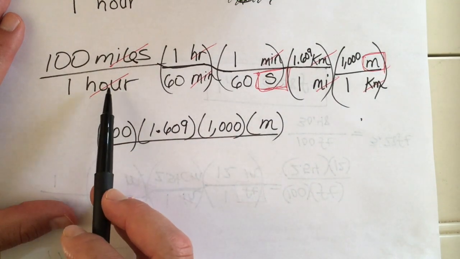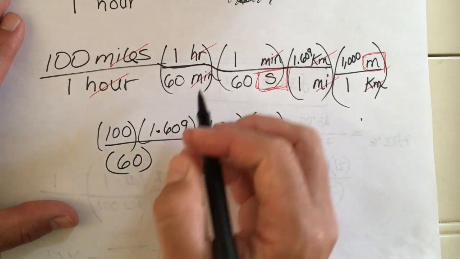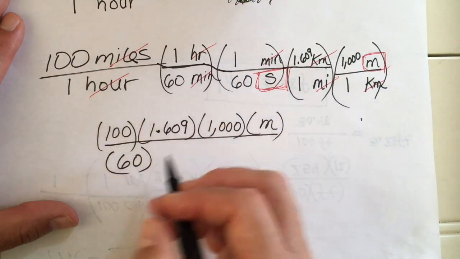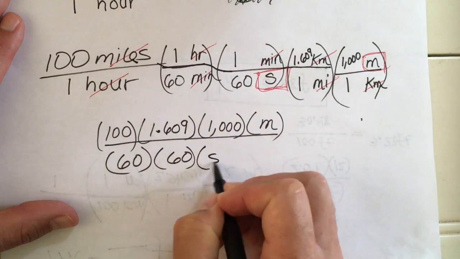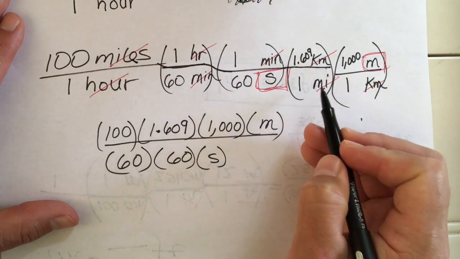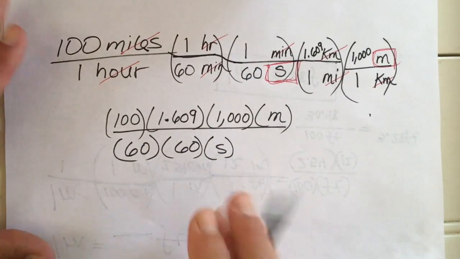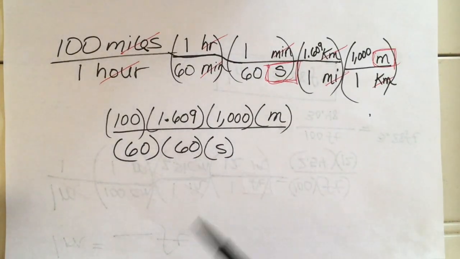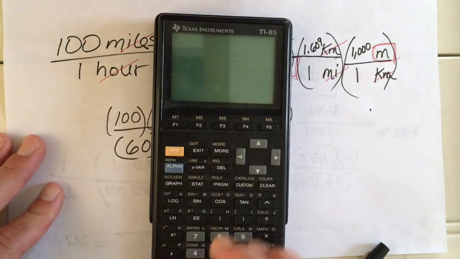1 hour is really 1, 60 minutes, 60 seconds, 1. Okay, so it's starting to look like this. Let's simplify just so it gets a little cleaner before we divide. So I'm saying multiply the top across, multiply the bottom across.